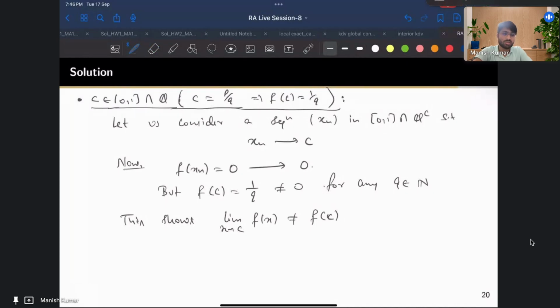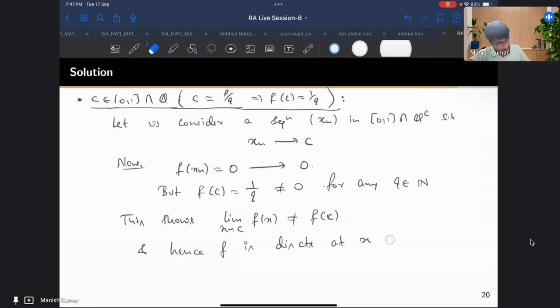I am just saying that the limit, even if it exists, is not going to be equal to the functional value at c. Hence f is not continuous; f is discontinuous at x equal to c.